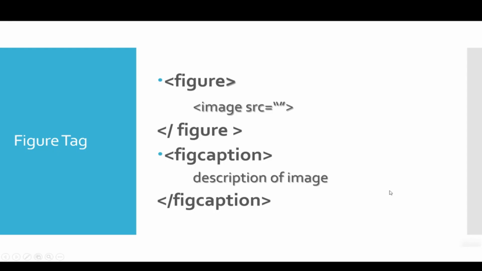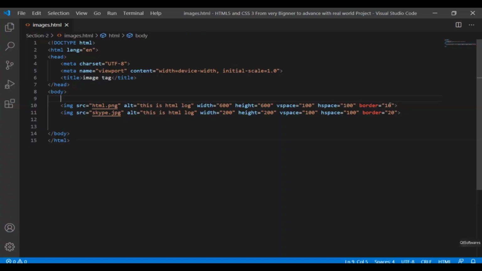If you want to give a title and subtitle to that image, how can you give some figure or some text to that image? Okay, how can we do that? Let's see. For that, I need to remove the border, or I want to decrease the border to 5, and also this one to 5.